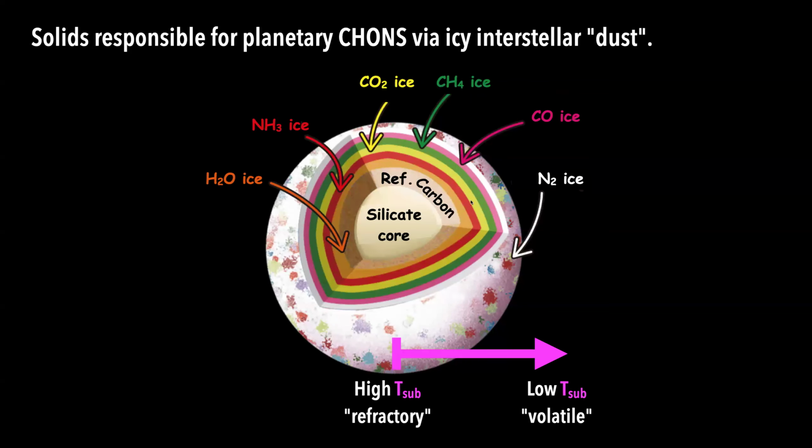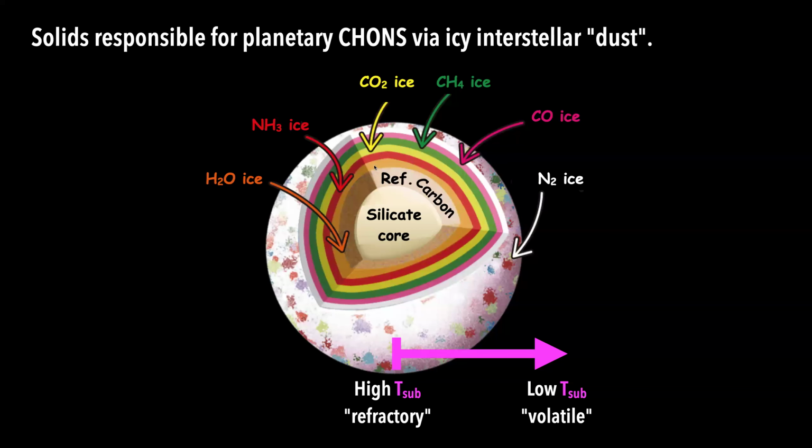And if we think about these grains from the molecular cloud, they have a silicate core, and this silicate core is like something that formed in winds around massive stars somewhere else in the galaxy, and then these silicates condensed out of that and then made their way into these molecular clouds.